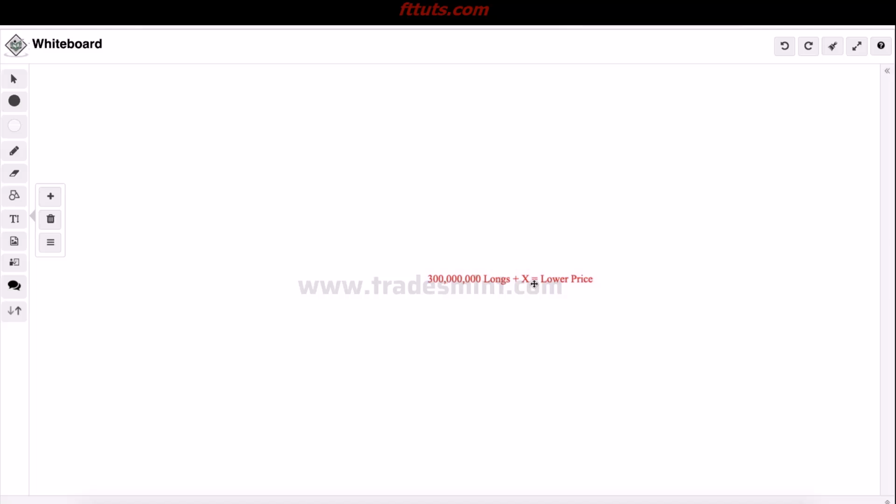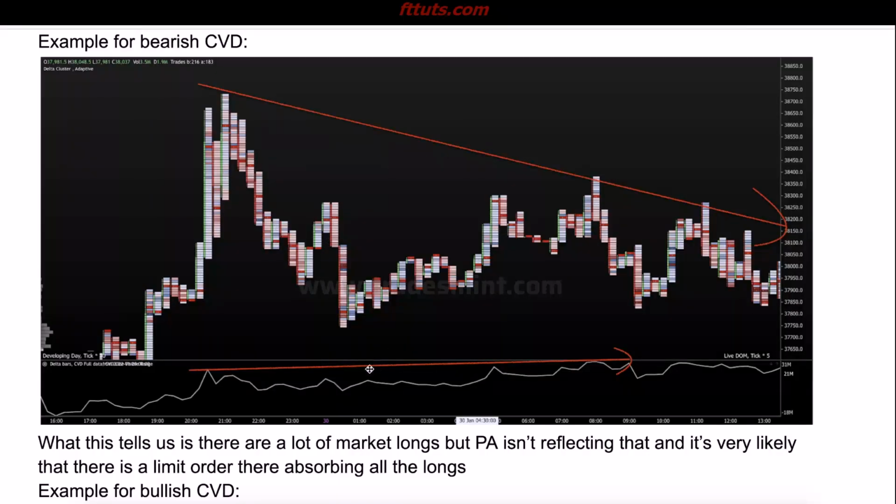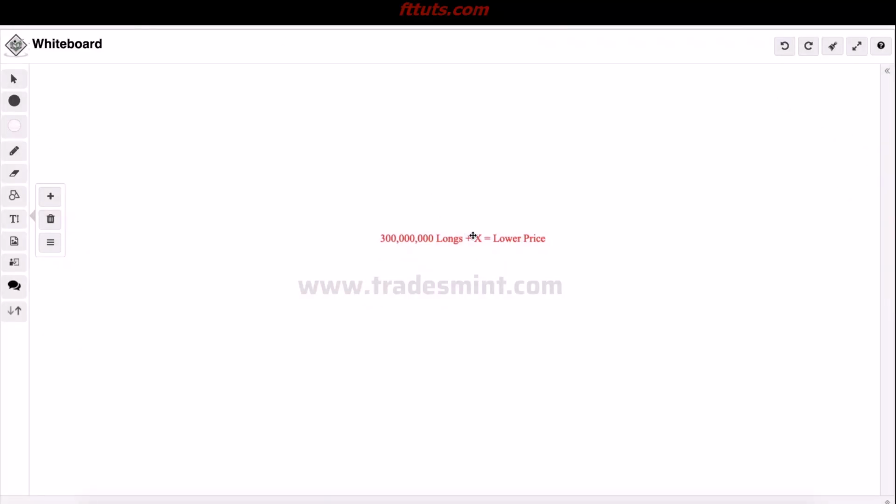If we have 300 million longs coming in and CVD is getting higher over time, but price is getting lower over time, what's the missing variable? The missing variable is massive limit shorts. So X is massive limit shorts being filled.